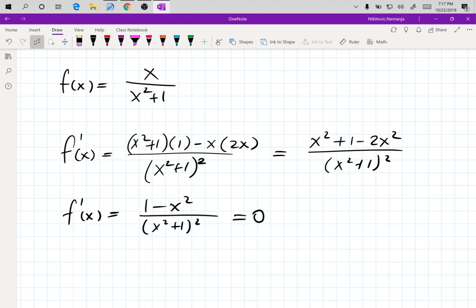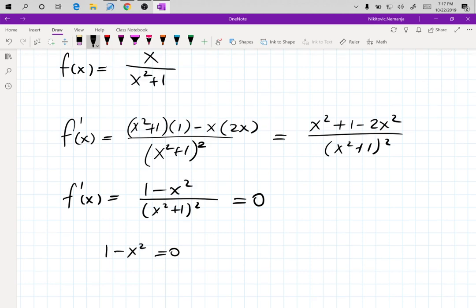When you have something like this equal to 0, what's the part you don't care about? The denominator, because when you cross multiply, the denominator will multiply into a 0 and just go away. So the only part that we have to consider is 1 minus x squared equal to 0.